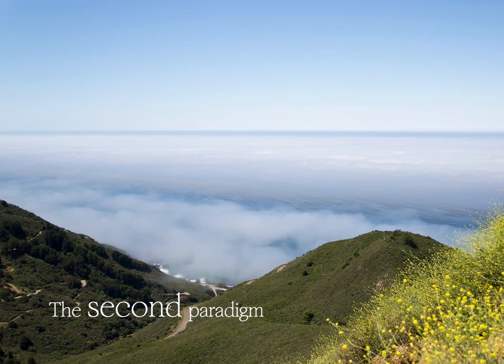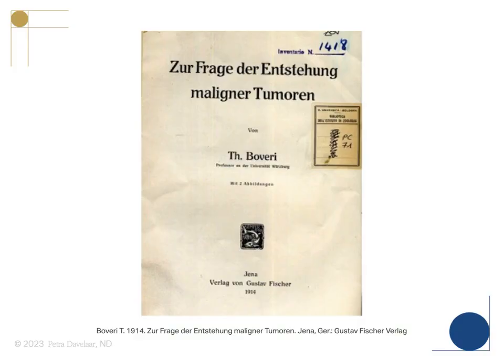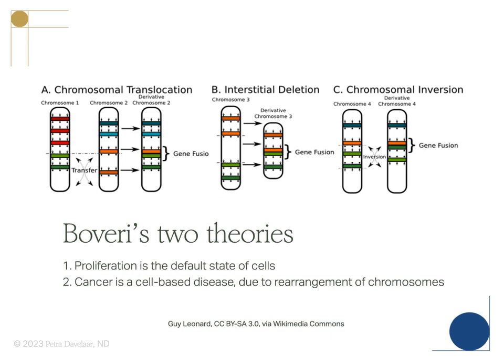Paradigm 2. In 1914, Theodore Boveri published On the Origin of Malignant Tumors, widely acknowledged to be the seminal publication in cancer pathogenesis. Boveri proposed two theories. The first, proliferation is the default state of cells, and the second, cancer is a cell-based disease.